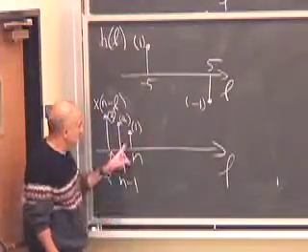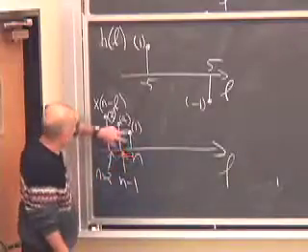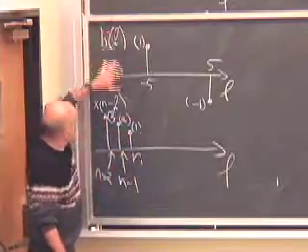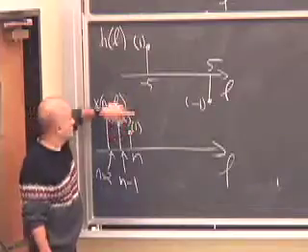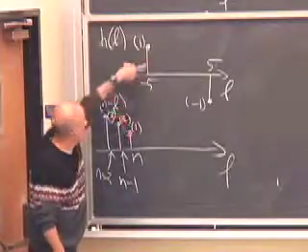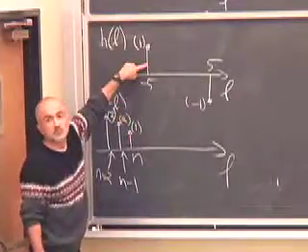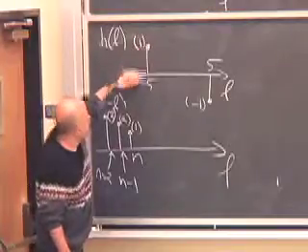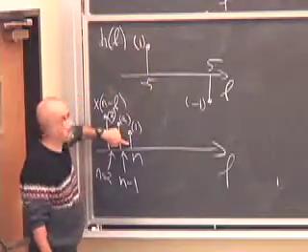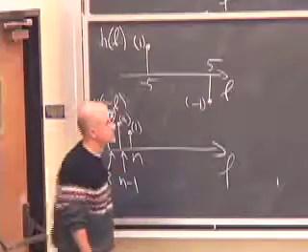I'm taking the pointwise product of these two. For what value of n will this overlap with that? Negative 5. And at that point, what's the product of the two signals?